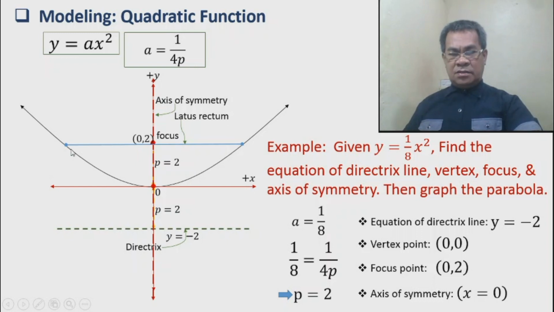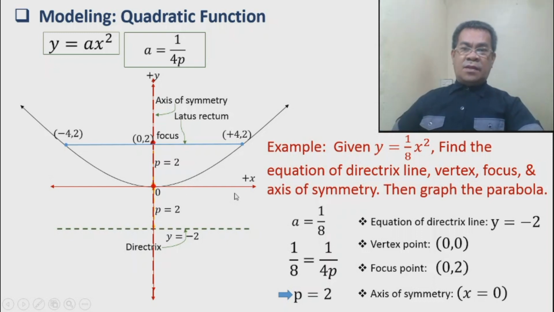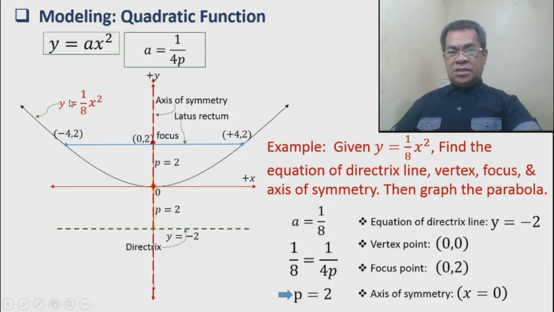And the end points are the coordinates (-4, 2) to (4, 2). So these are the endpoints of the latus rectum. Okay, so this equation is y = 1/8 x squared. This is the answer.